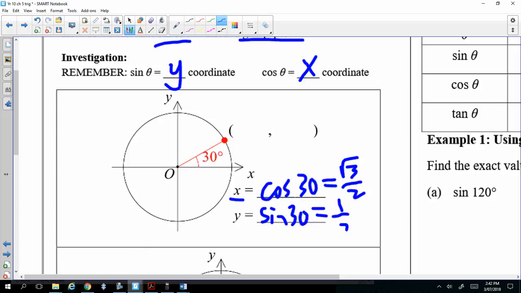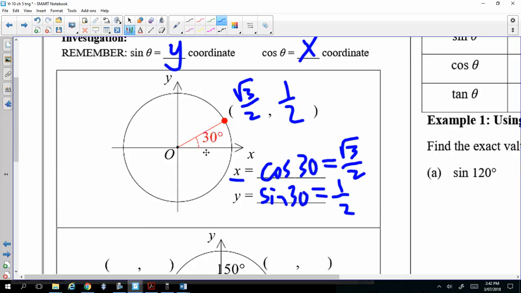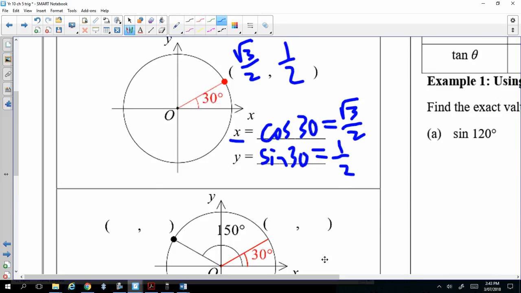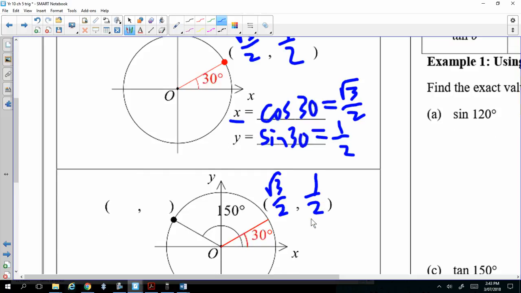Right? So the coordinate is related to the sine and cos of this angle. Now going back to the same angle, what if you want to do sine 150? Look at the 30 again, which has the same coordinate as above, root 3 over 2 and half. And the 150, it's a reflection because they have the same angle.